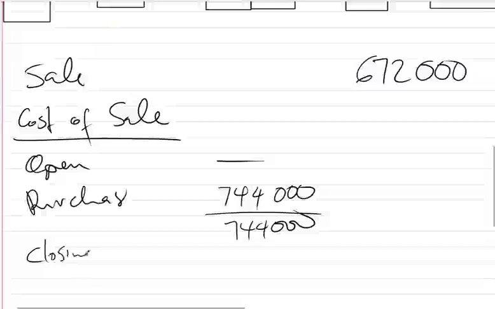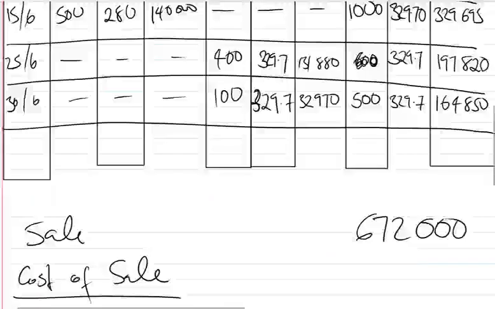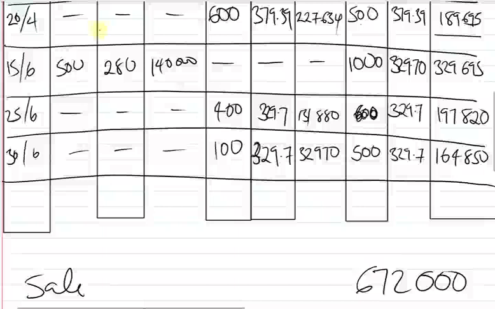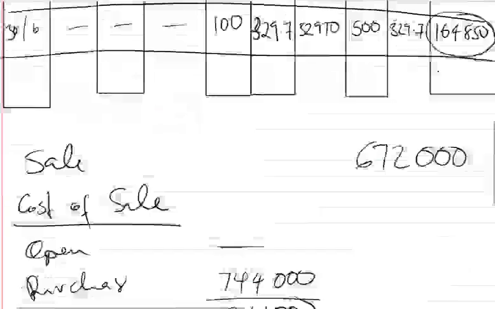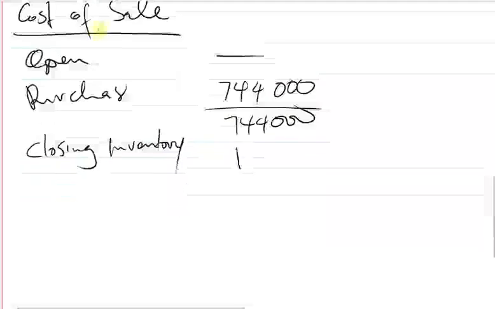Because I said that stock losses should be treated as expenses rather than cost of production, that means our closing inventory on our statement of profit or loss won't be based on this one, because this includes what? A stock loss. It will be based on the closing inventory right before the stock loss, which is 197,820.